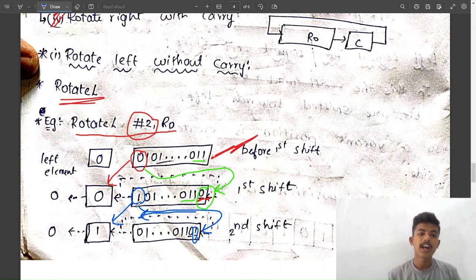So after performing 2 shifts on the R0 register with rotate left without carry, we obtain the result as this one.